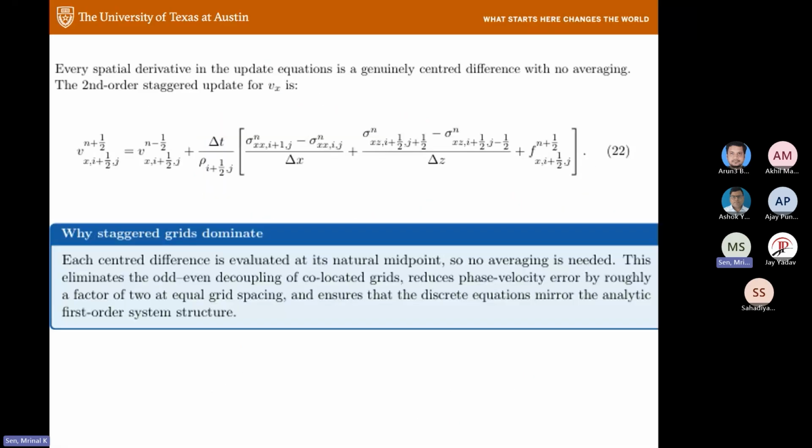The only thing is, notationally, what we're using is the half derivative or half grid locations for some of these variables alternately. So each central difference is evaluated at its natural midpoint. So no averaging is needed. This eliminates the odd even decoupling, but then we have to average some of the material properties, which is a trivial task.